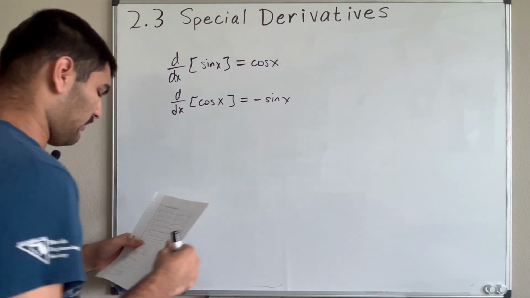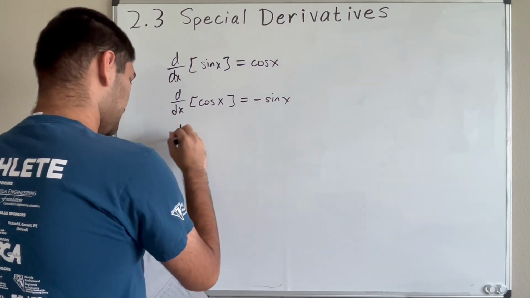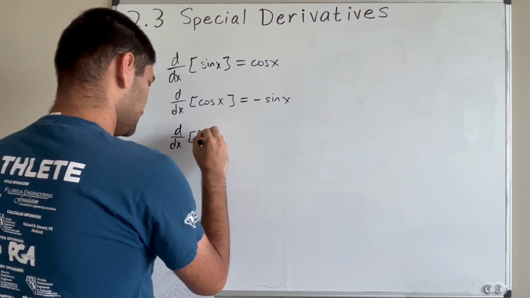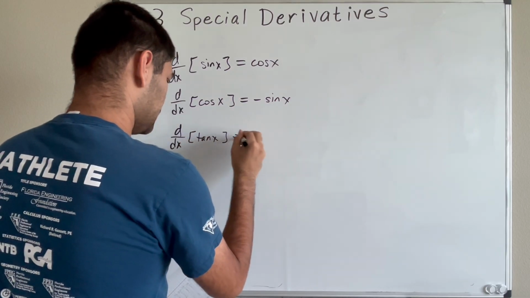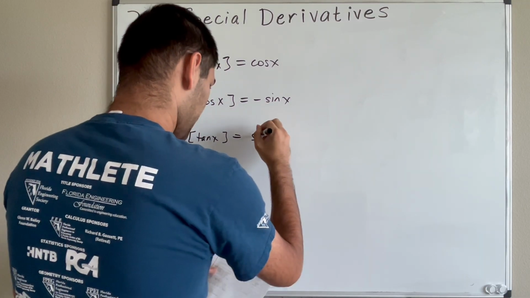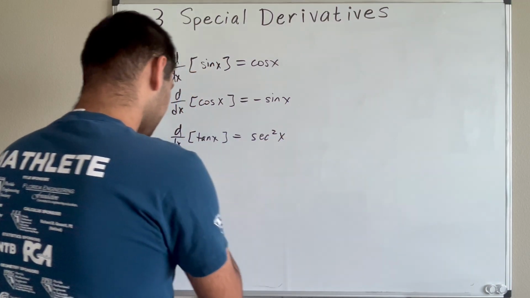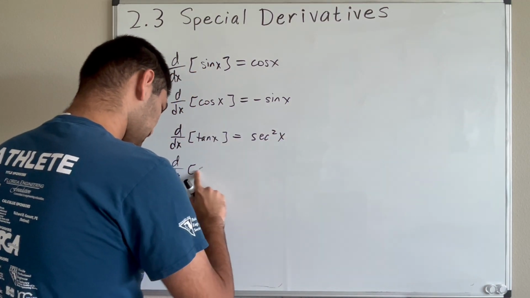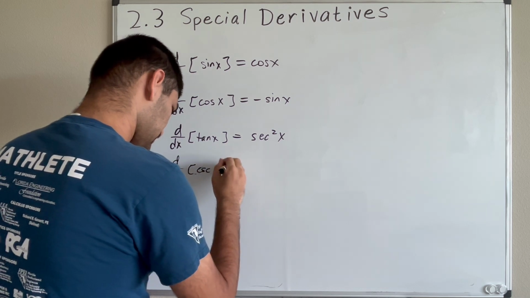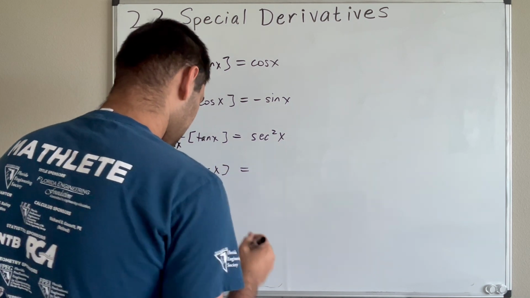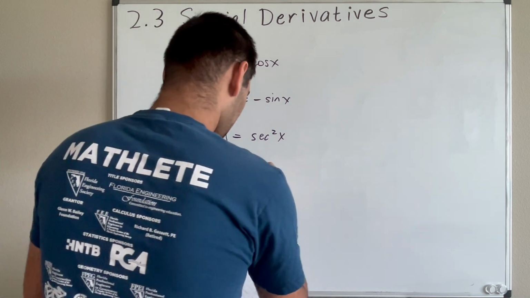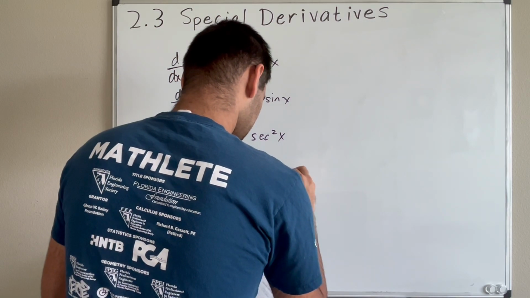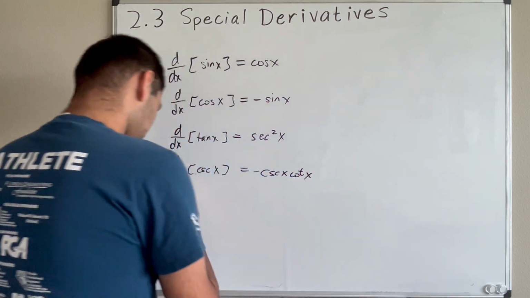Okay, anyway, next we have the derivative of tangent is equal to secant squared. Derivative of cosecant is negative cosecant x cotangent x.